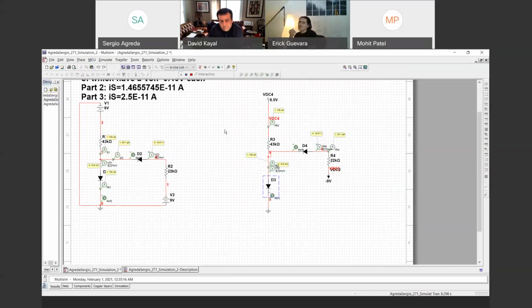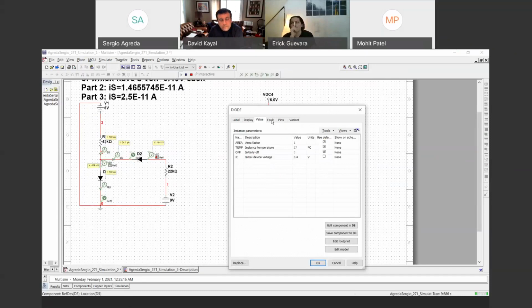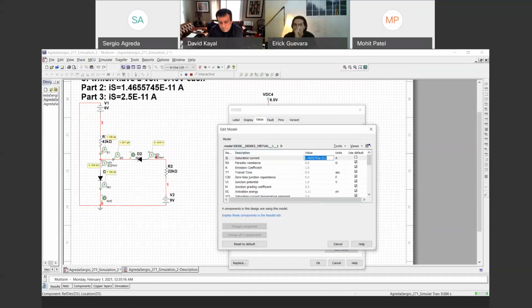The only variable that affects the diode's behavior is the saturation current. So let's play around and see if increasing or decreasing this value brings us closer to what we already calculated or expect.